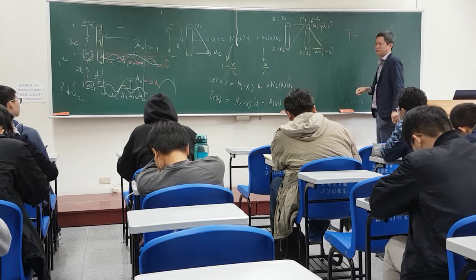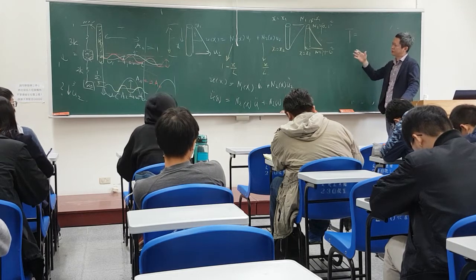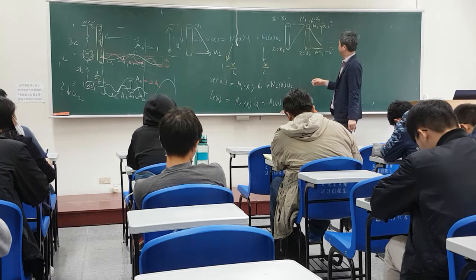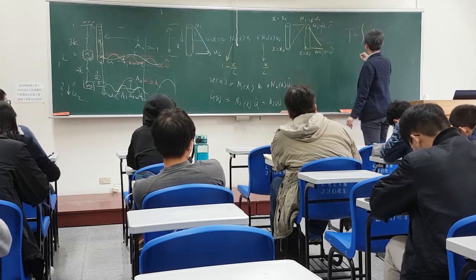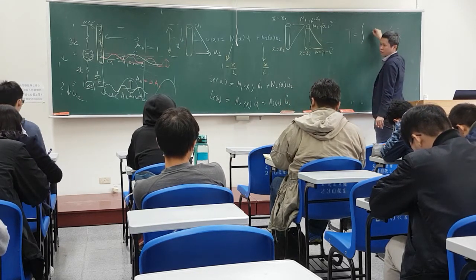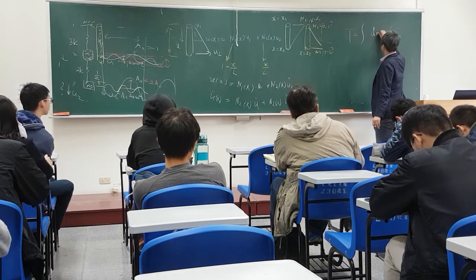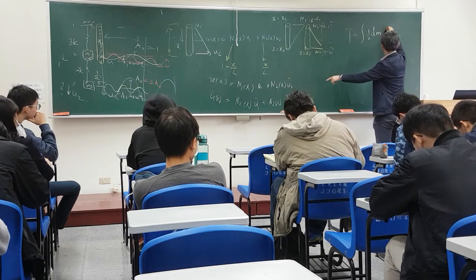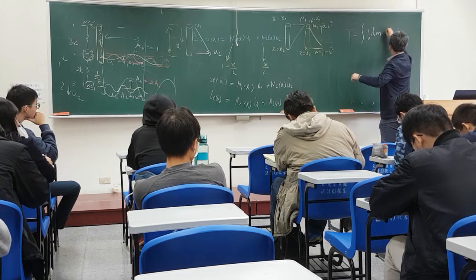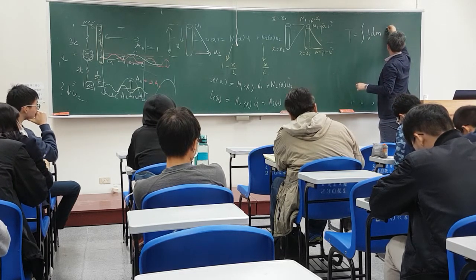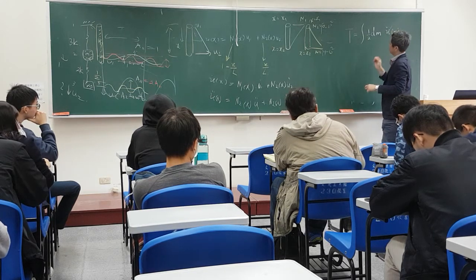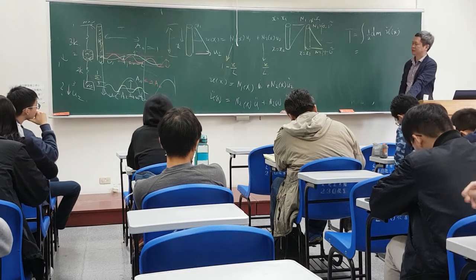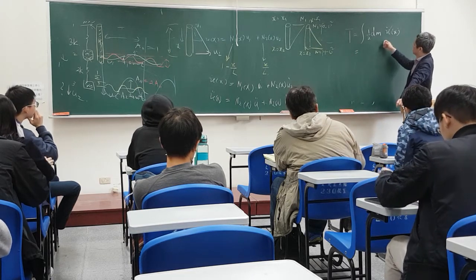So what is the total kinetic energy of this system? The total kinetic energy will be the small mass divided by 2 times the velocity squared. You understand this? Then what you can write next is, what is your dm?